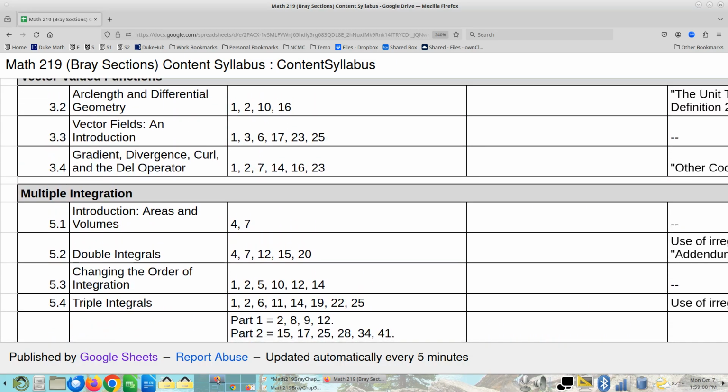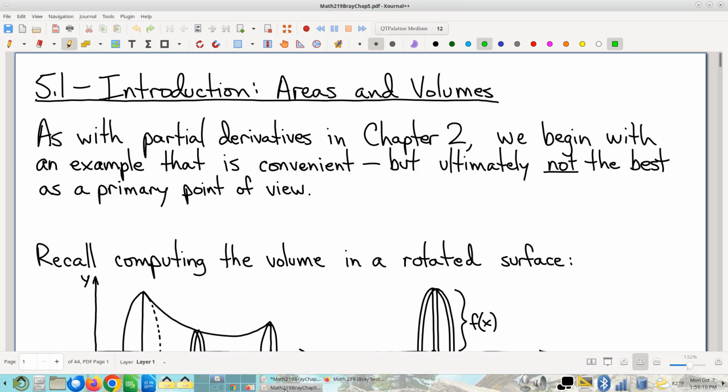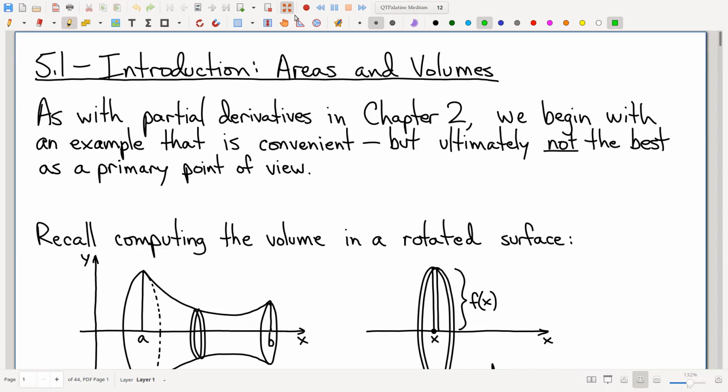And then back to, where am I? Yeah, chapter 5. Okay. So, integrals. Let me remind you how we covered derivatives in this class. The very first thing we did when we were talking about derivatives was partial derivatives, which we eventually had to recognize is computationally convenient, but ultimately very limited in its interpretation, and there are much more powerful and ultimately more natural ways to think about derivatives.